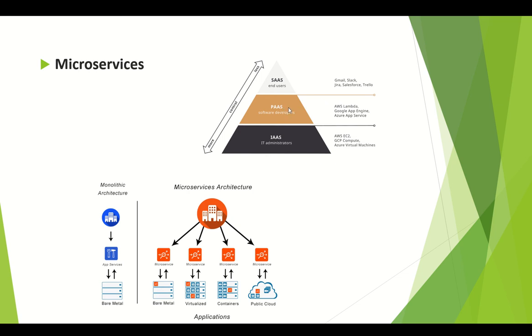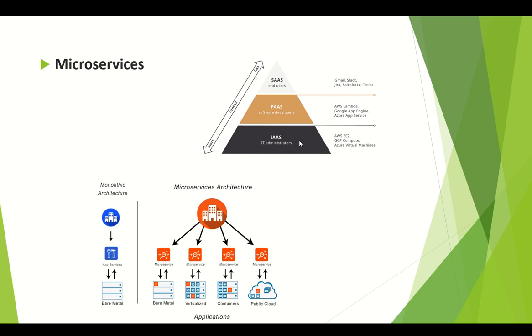Whereas at PaaS, for software developers, AWS Lambda, Google App Engine, Azure App Services. And SaaS, like Gmail, Jira, Salesforce, these are all software as service. So these are all where microservices run. Okay, so these are some examples.